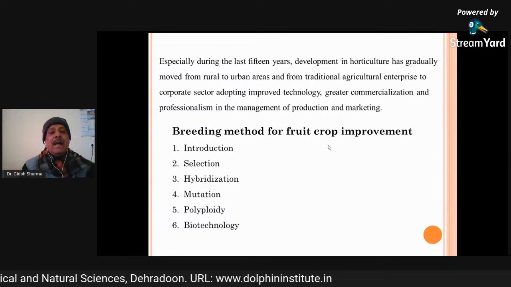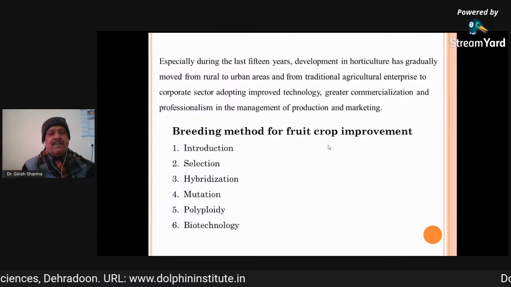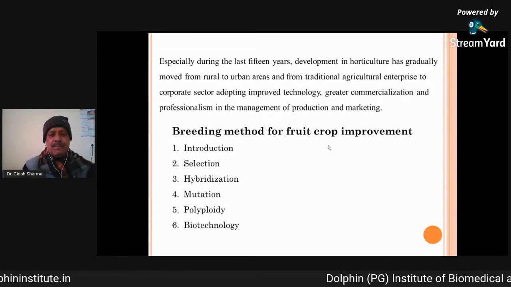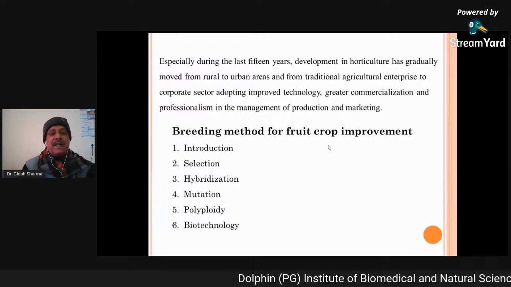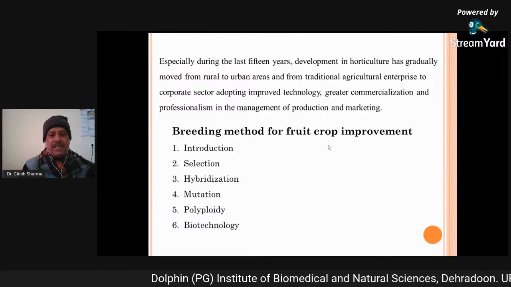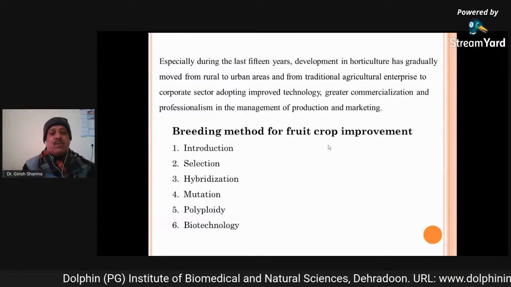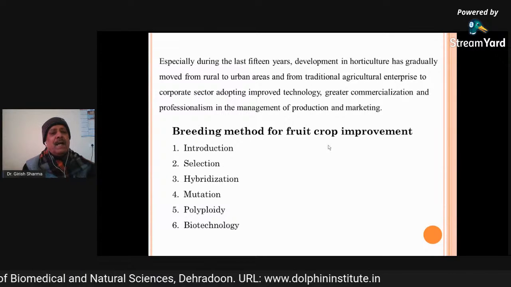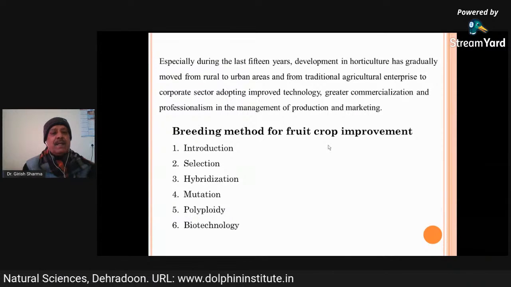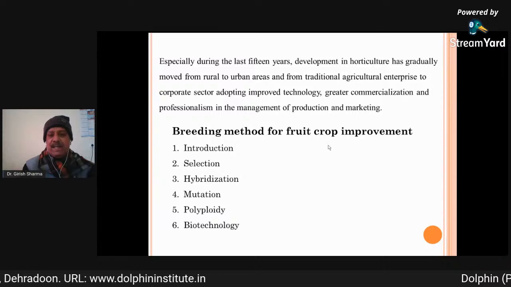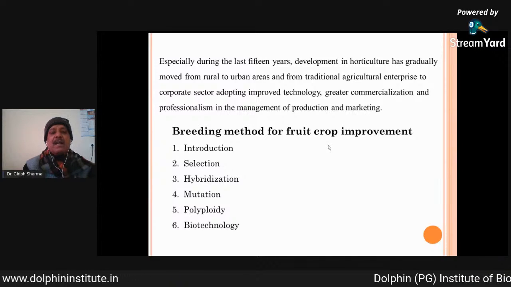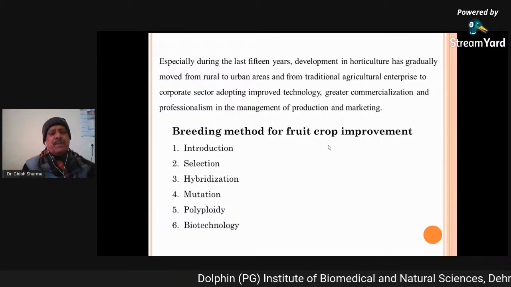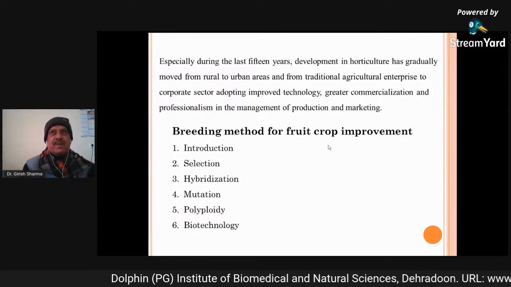Reason being, any plant can grow at any place, but what is needed as the end product, if it is fruit, is naturally the production out of it. And for that very reason, adaptability is the most important aspect and must be given due importance when such material is introduced in India. An example is the delicious group introduced to India from California.